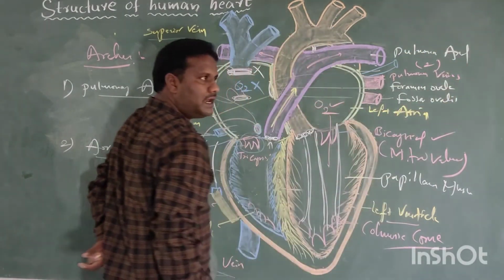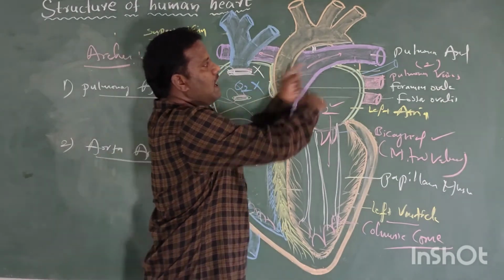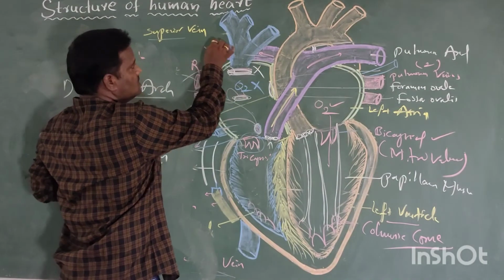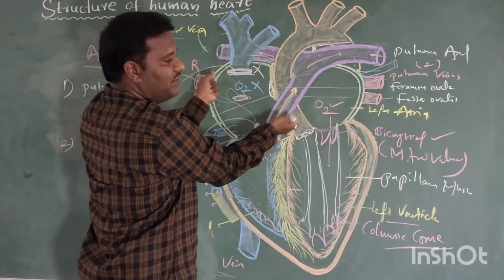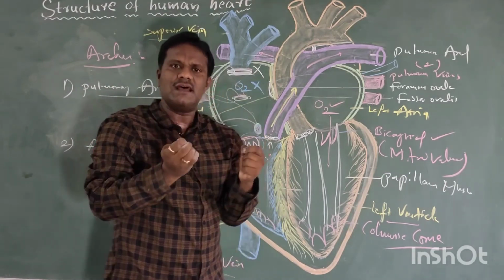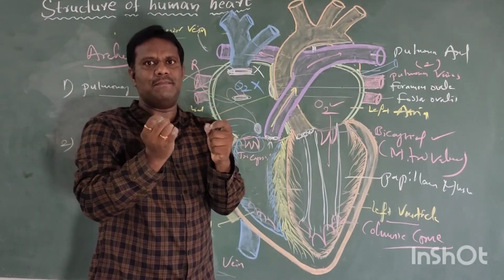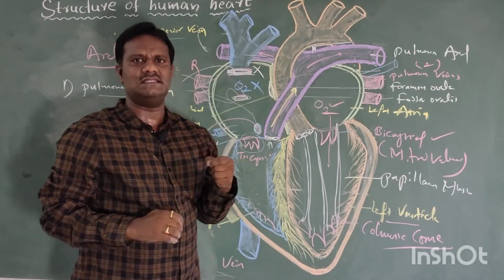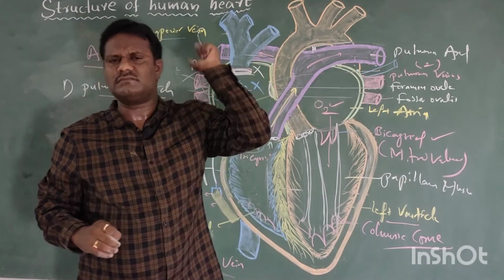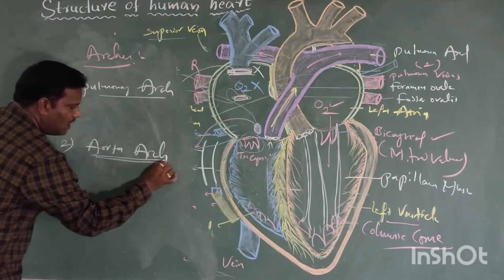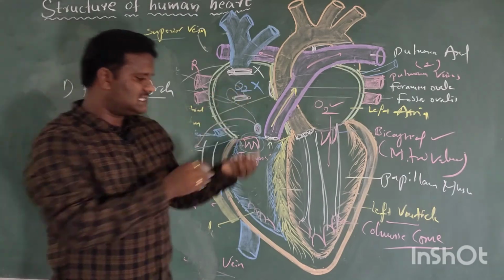The pulmonary arch divides into two, the left pulmonary arch and the right pulmonary arch, and the waste blood is transported to the lungs. Within the lungs, the blood releases carbon dioxide and collects oxygen, so that it is converted into fresh blood. Right, Nana?